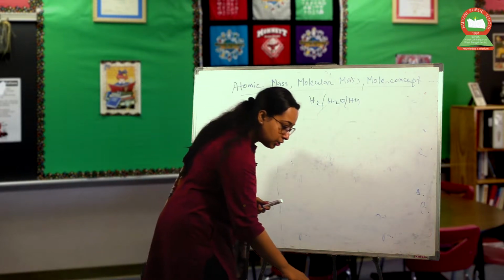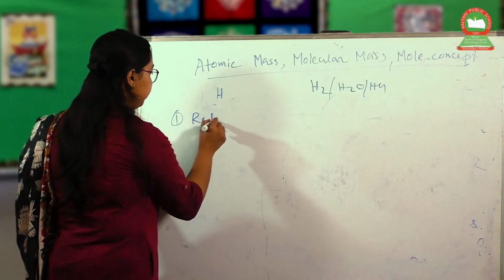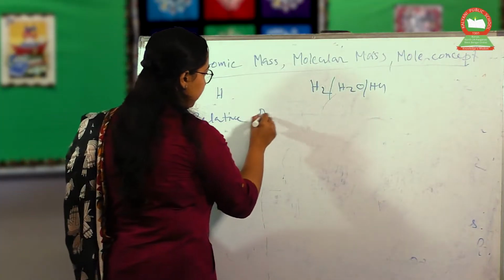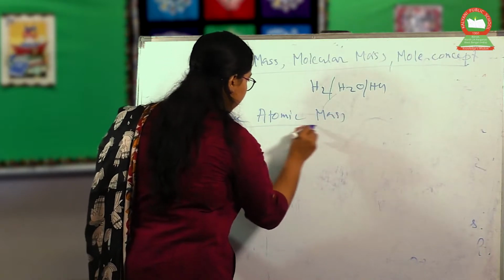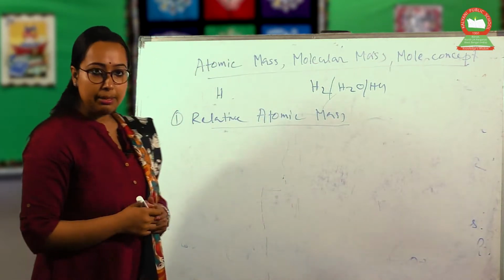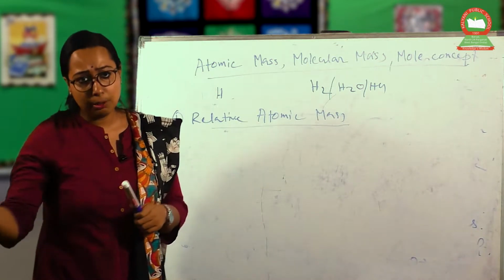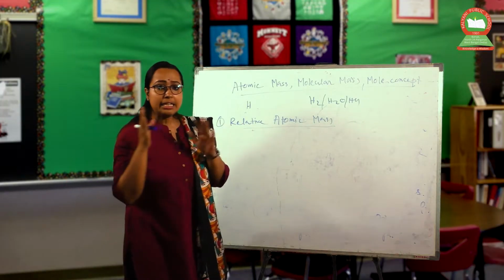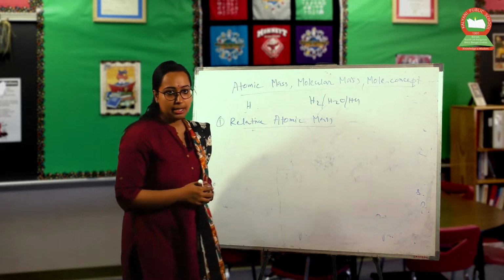On the basis of this, what is the relative mode? First one is the relative atomic mass. What is that? When we have to calculate the atomic mass of any of the atoms, we have to take a reference of C12, the carbon-12 atom.